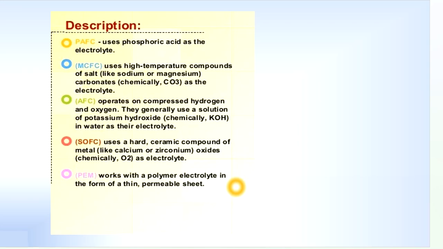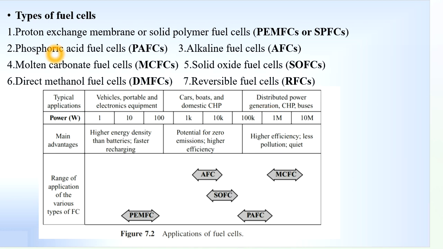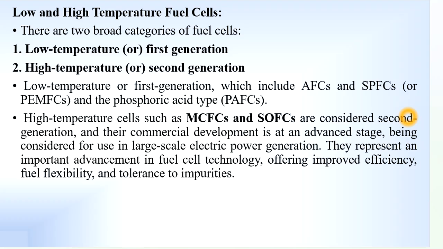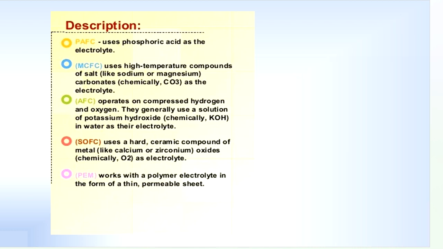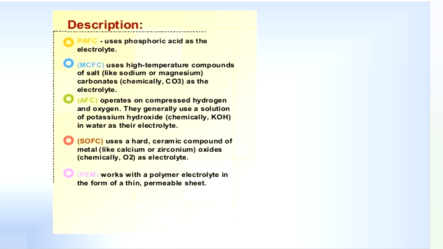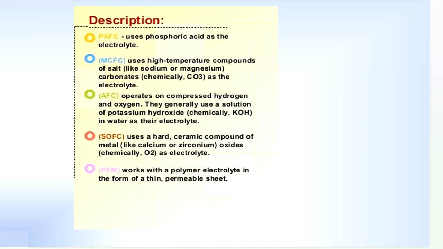Let us see some more description about these fuel cells of different types. So what is PAFC? PAFC is nothing but phosphoric acid fuel cell, right? It uses phosphoric acid as the electrolyte, whereas MCFC uses high temperature compounds of salt like sodium or magnesium carbonates as the electrolyte. So the electrolyte is different in each fuel cell.